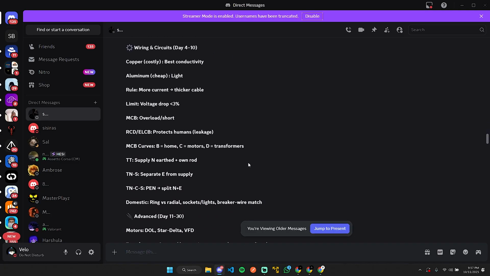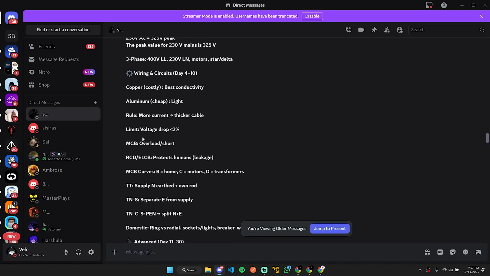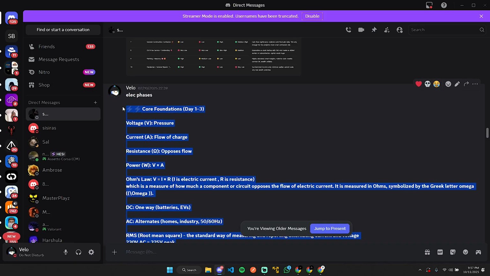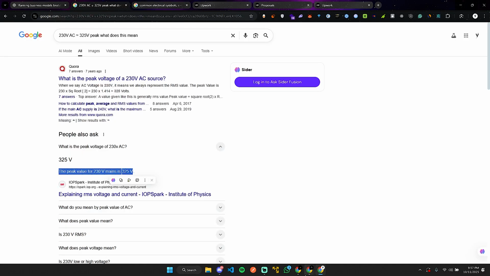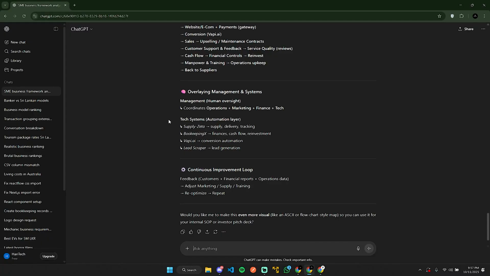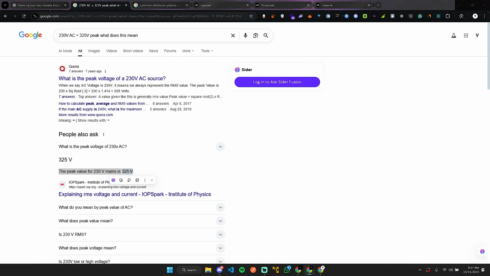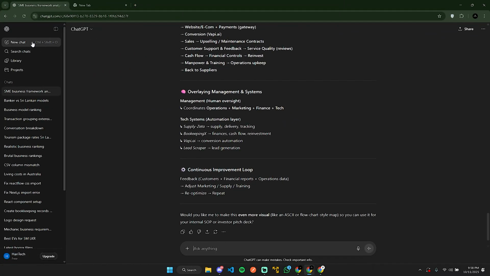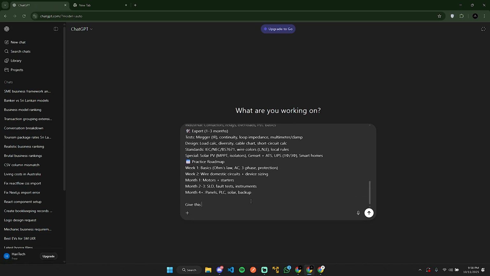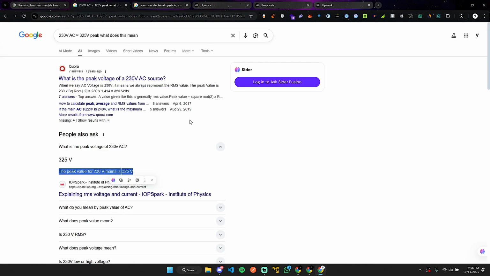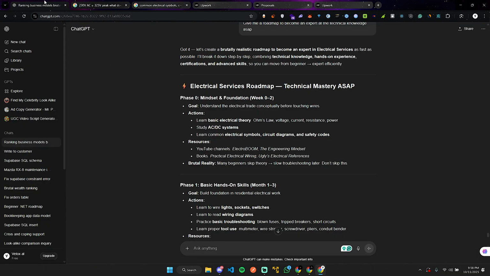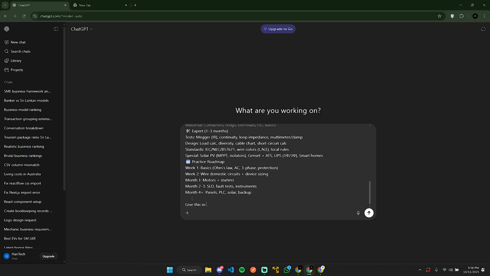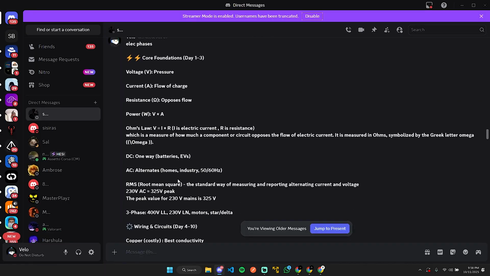Let's say, for example, I'll keep this. Give me a text-based diagram that flows like this. Alright, let's see what it says.